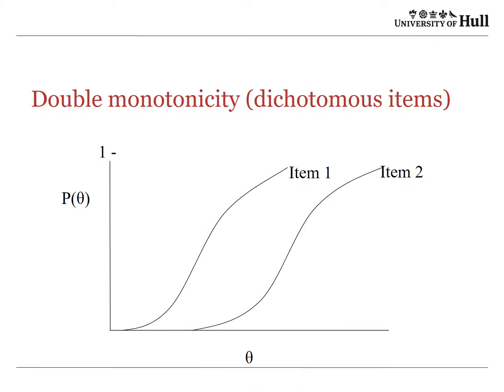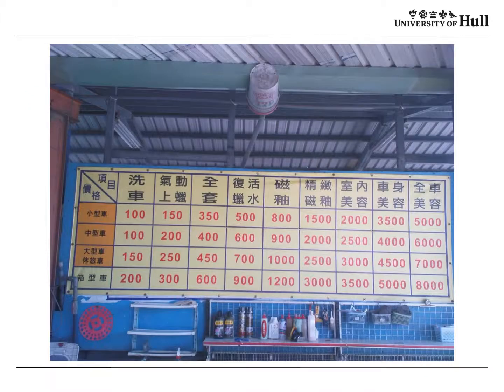These items are dichotomous items. They're doubly monotonous. In other words, they don't intersect. You've seen that example already. Difficult to really visualize and explain double monotonicity, but here's another car wash from Taiwan, and if you look at the score top left, which is 100 Taiwan dollars for the car wash, and you go down the way, it increases to 200 for whatever the car wash is.